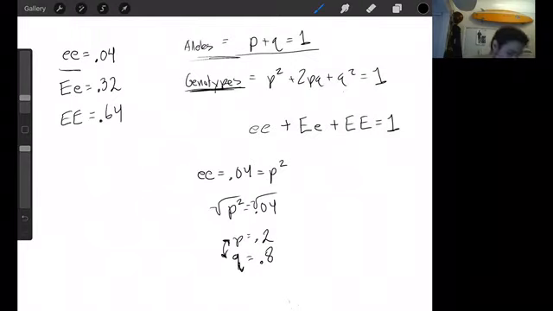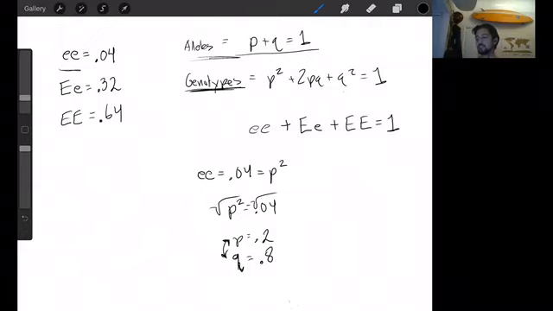So if this was 100 individuals, 1 would be 100% would be 100. So how many of these are homozygous dominant? That's big E, right? So 0.64 would be what percent? 64%.